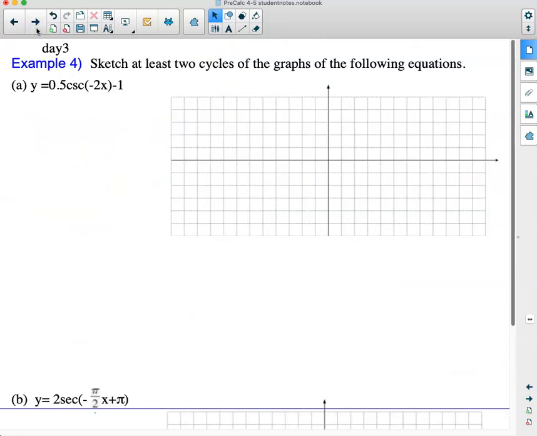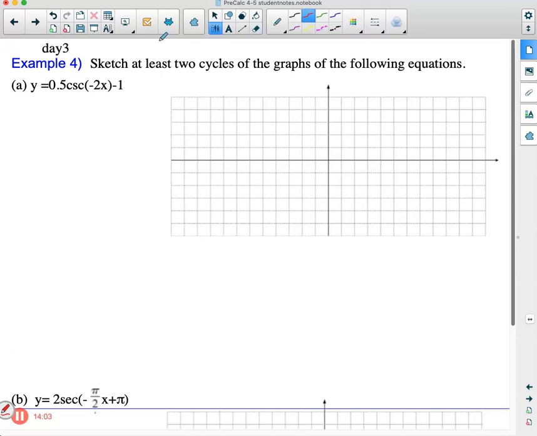Now, we have to sketch at least 2 cycles of the graphs of the following equations, and again, you want to immediately be looking at this and thinking, okay, don't forget that this is cosecant, but cosecant is what we get from taking the reciprocal of sine. So let me see if I can fit my little one up there. There. All right, so 1 over the sine of theta.